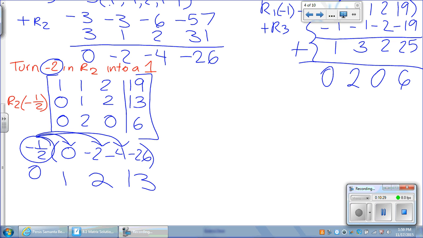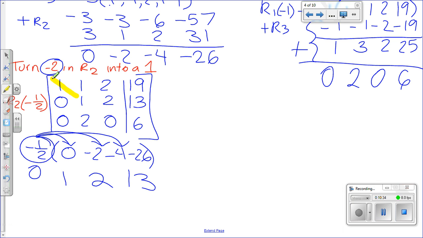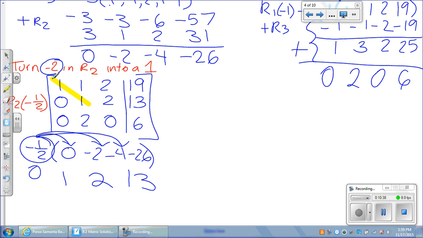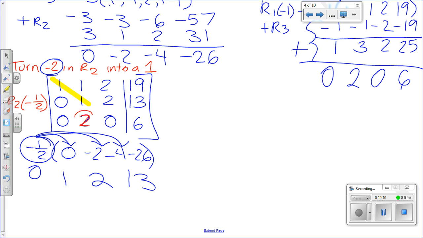So now, we're done with the ones here and here. Now we need to make this 2 turn into a 0, right? So we're going to make the 2 in R3 a 0.